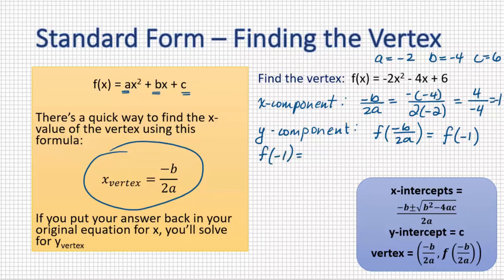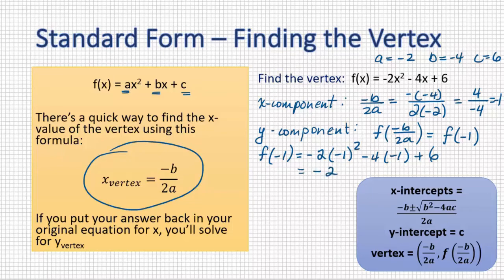So we want to find the value of y where x is equal to negative 1, or evaluate f at negative 1. So we simply take negative 1 and substitute it in for each instance of x in the original equation. So we take negative 2, multiply that by negative 1 squared, subtract 4 multiplied by negative 1, and add 6. Do be careful again here to make sure that you leave that negative 1 in brackets.